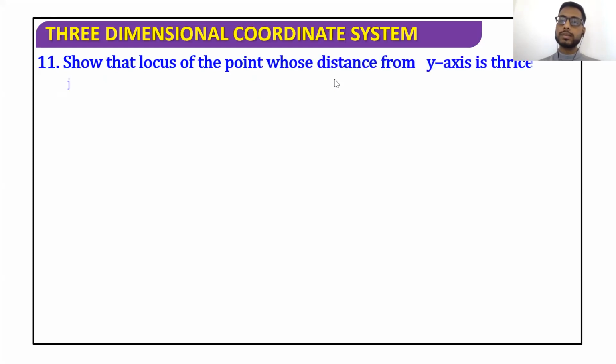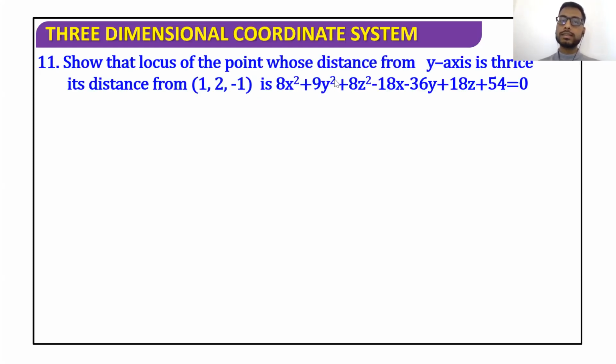Next, show that the locus of a point whose distance from the y-axis is thrice its distance from a particular point is this much. So one equation is given. You have to show that that equation comes after solving the necessary condition. The necessary condition is a point whose distance from y-axis is 3 times its distance from one particular point.